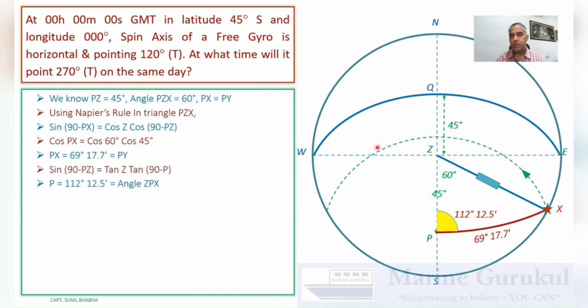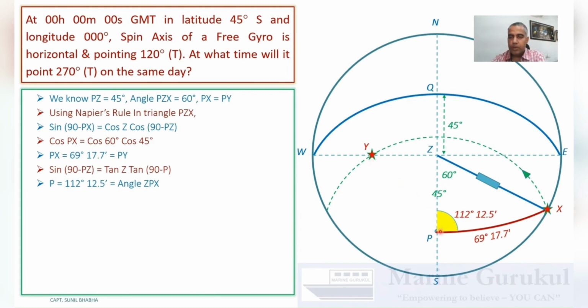Going further, when the star reaches this particular point, you can follow the laser pointer, this is where the star is going to be on 270 bearing. The W point represents the 270 bearing. So let's mark our star here and identify the star as Y. So we have the star at 270 bearing at point Y.